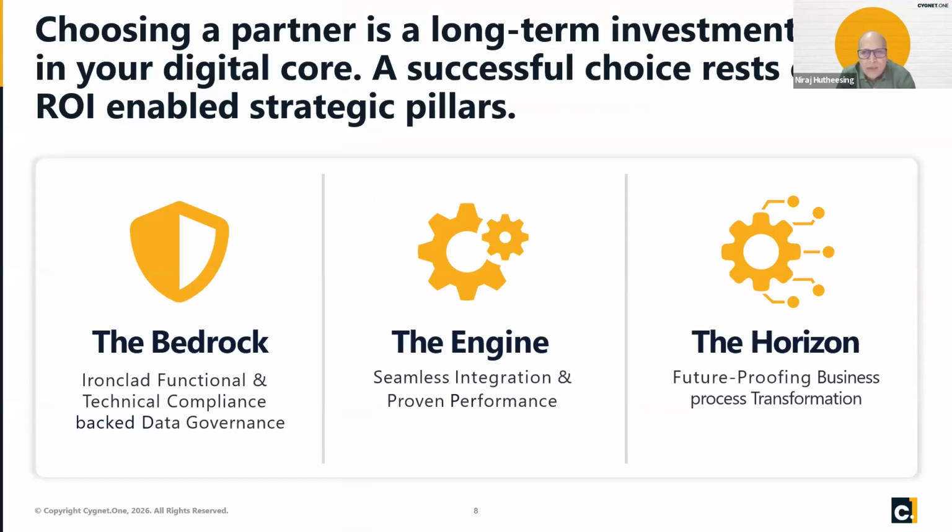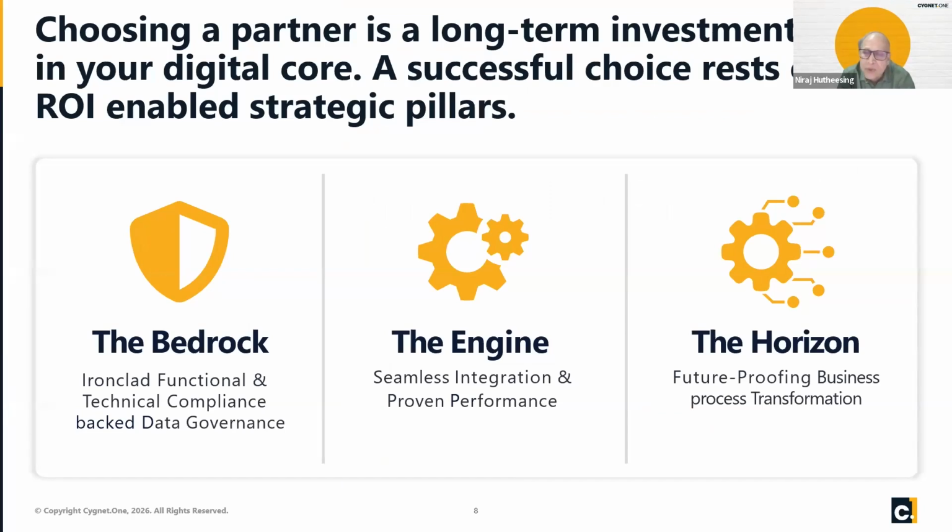Now, these are the three major points that you look at when you select a long-term partner or make a long-term investment into a digital core. The first is functional, technical compliance backed by data governance. That is the most important part. The second part is seamless integration and proven performance, because what type of complex integration, what type of experience the ASP carries, that is something that you need to look at.